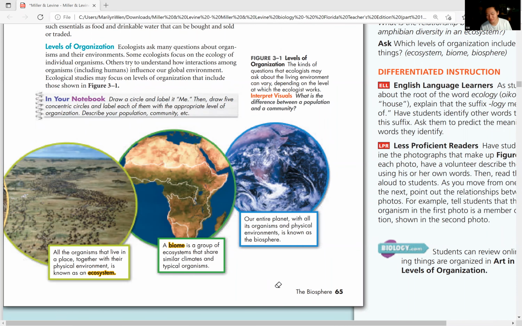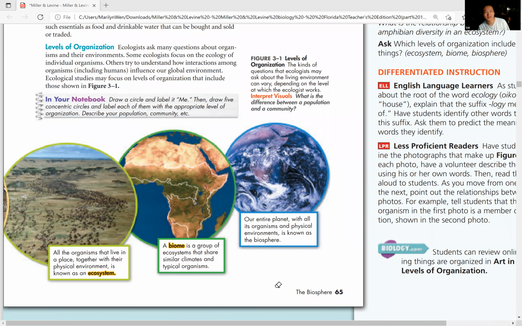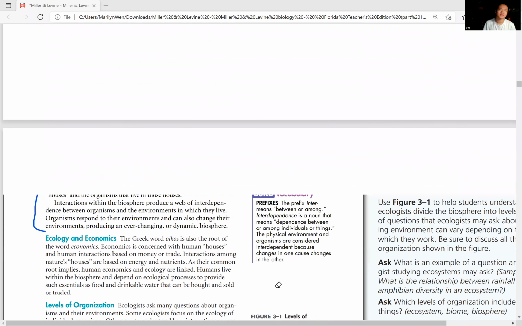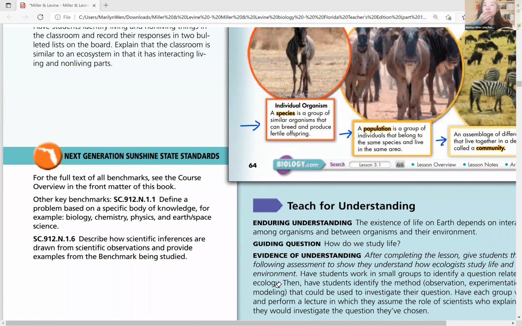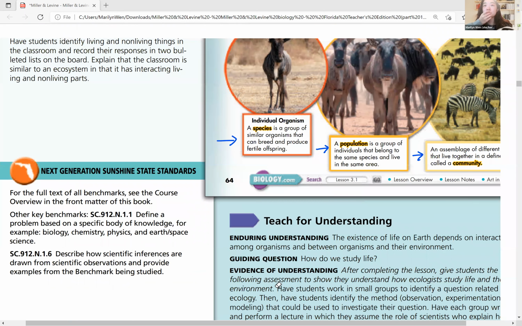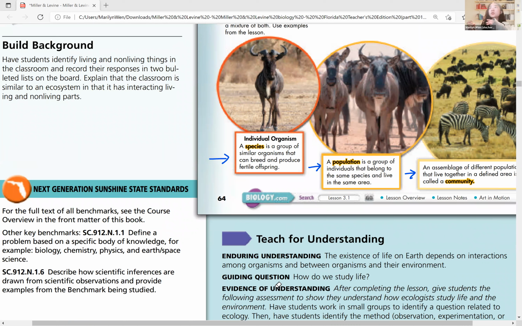A good example for species is the same animals, the same kind. So what is the population? Population is like the number of the species in the same area.